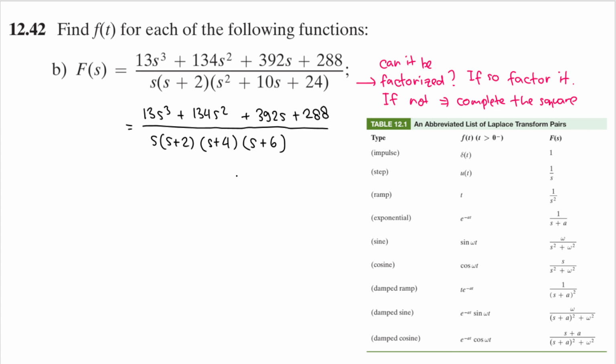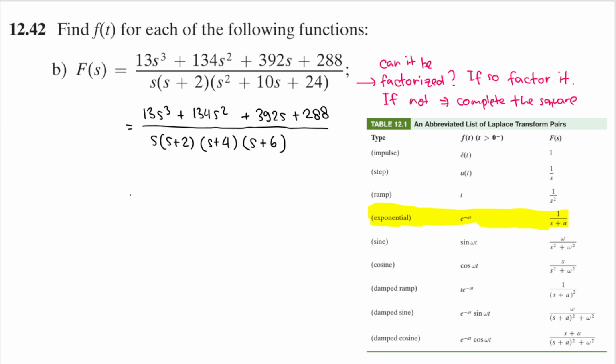And now we need to break it out using partial fractions. Okay, now let's do exactly that.